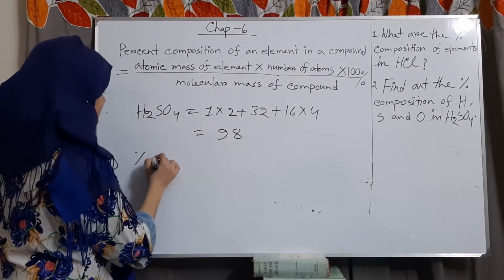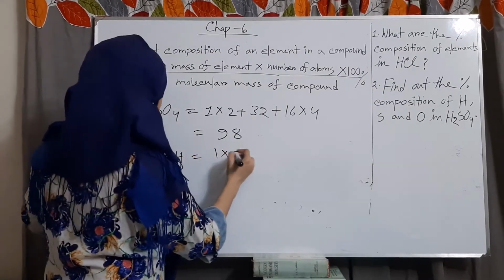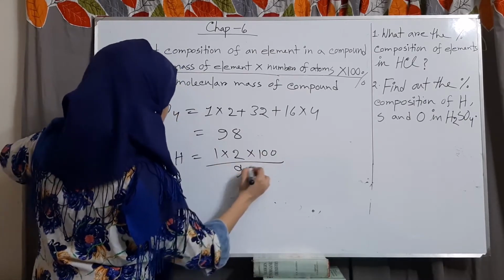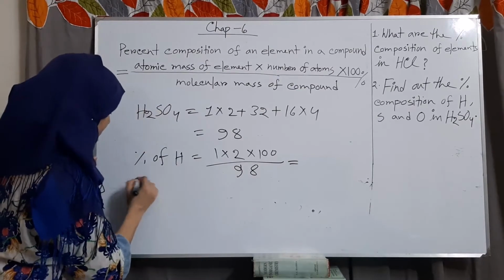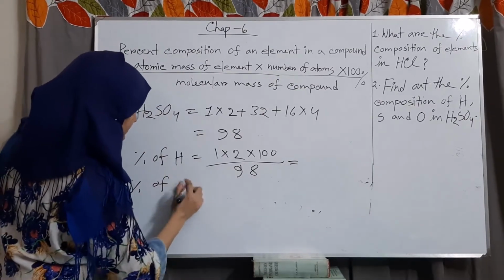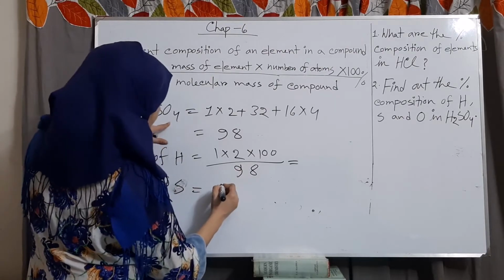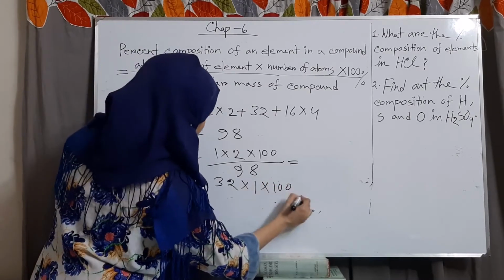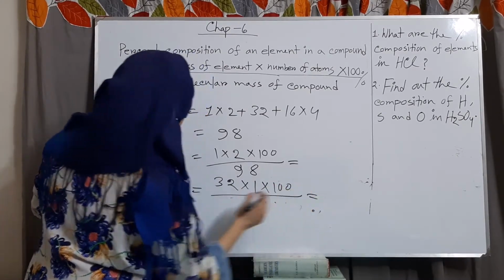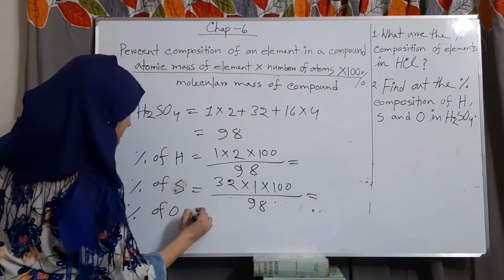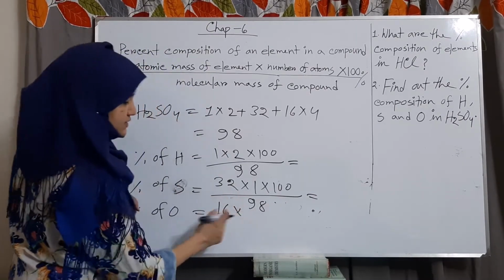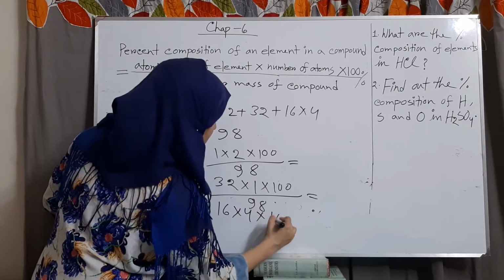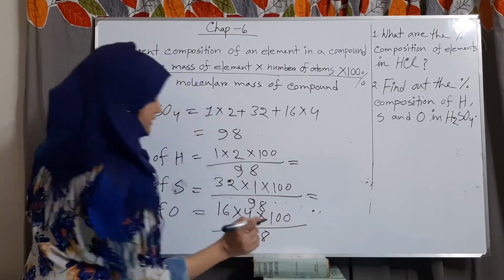Now the percentage of hydrogen: 1 into 2, number of atoms 2, multiplied by 100 divided by 98. Then the percentage of sulfur: atomic mass of sulfur is 32, number of atoms is 1, multiplied by 100 divided by 98. And of oxygen, the atomic mass of oxygen is 16, number of atoms is 4, multiplied by 100 divided by 98.